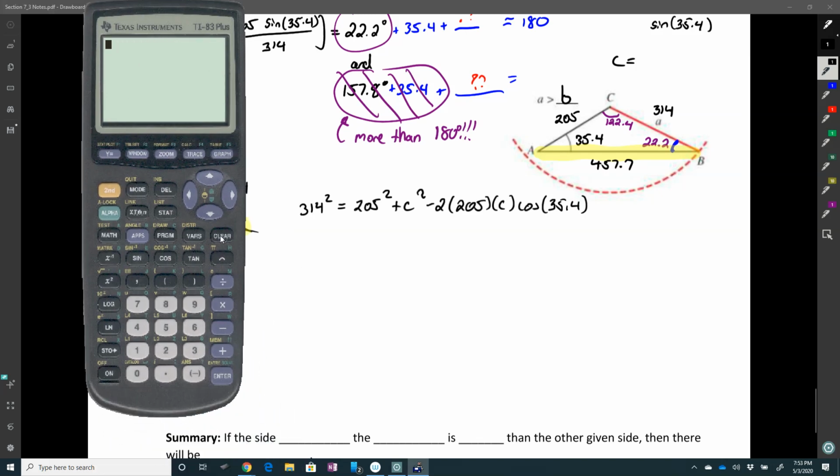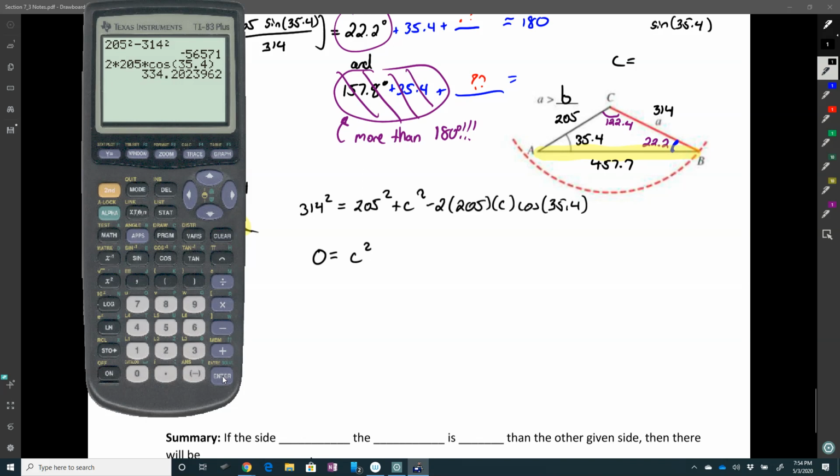I'm going to do stuff in my calculator. So 205 squared, I'm going to subtract the 314 squared. So 0 equals c squared minus 2 times 205 times cosine of 35.4 times c. It's about, I'm just going to say 334.